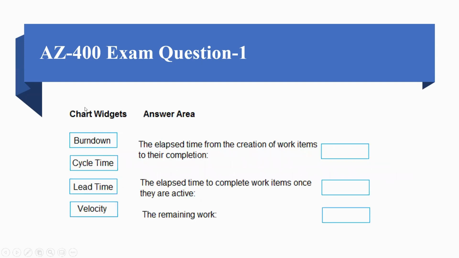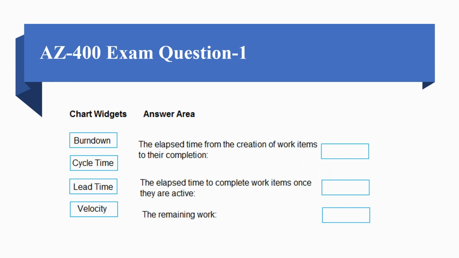And the content is, we have these chart widgets, this answer area, and we have to select the correct chart widget for the correct statement. The first statement is elapsed time from creation of work items to their completion. Second statement is elapsed time to work items once they are active. And third statement is remaining work.